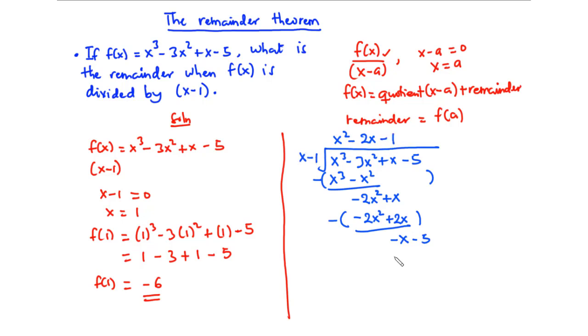Negative 1 times x is negative x. Negative 1 times negative 1 is plus 1. So this goes to 0. We have negative 5 minus 1, which is negative 6. Since we have both answers to be the same, it follows that if a polynomial function f of x is divided by x minus a, then the remainder can be found by substituting the value of a into the polynomial.